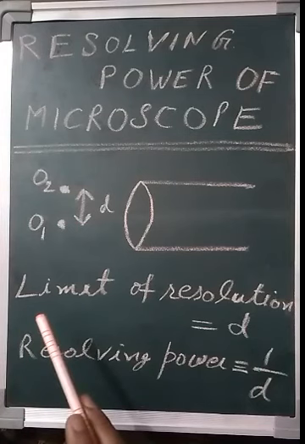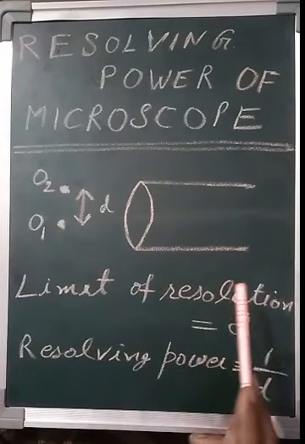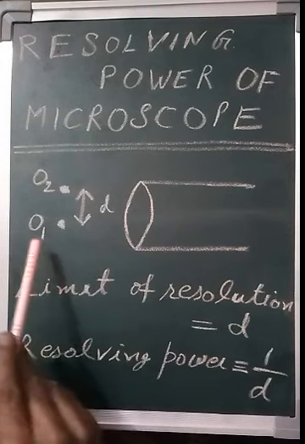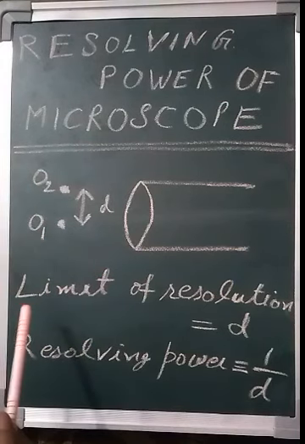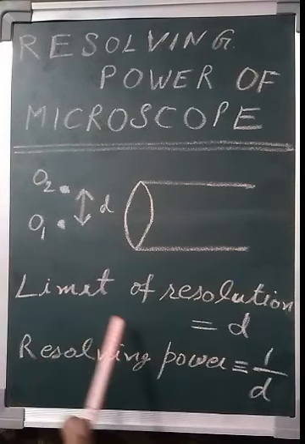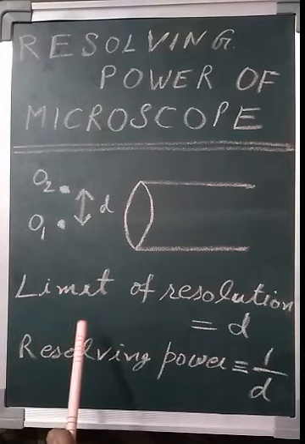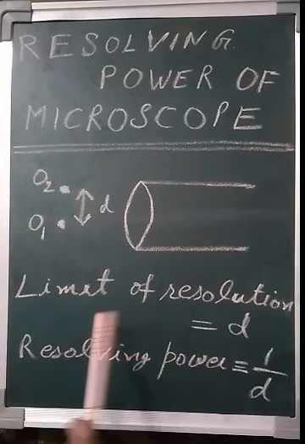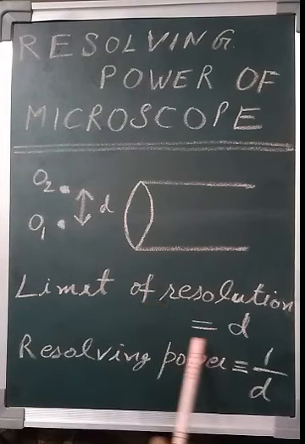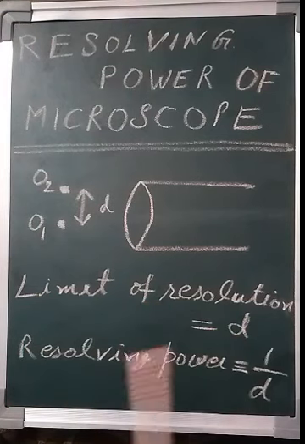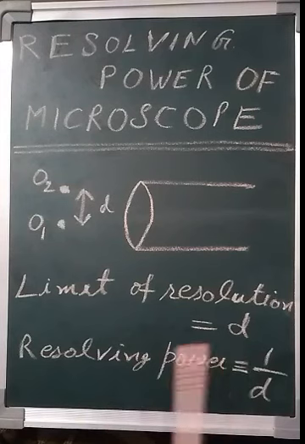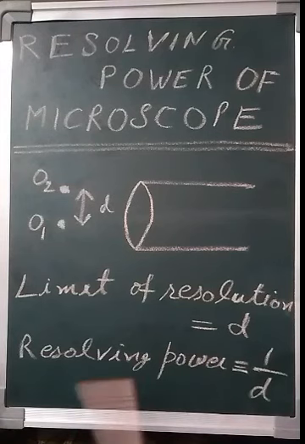For viewing distinct images, we have to set a minimum distance between 2-point objects. So this minimum distance between the objects for resolution is called limit of resolution, and it is equal to d. And reciprocal of this d is called resolving power of microscope.